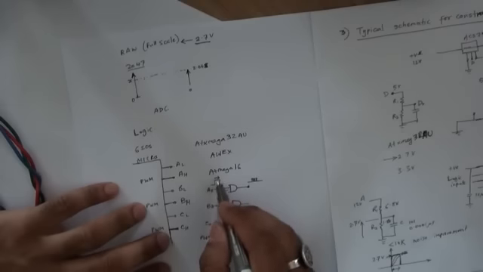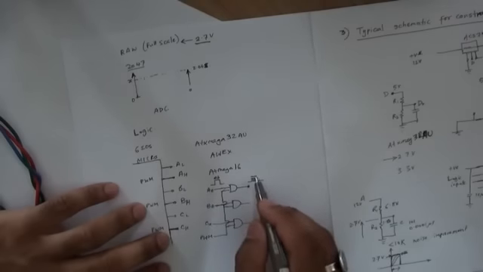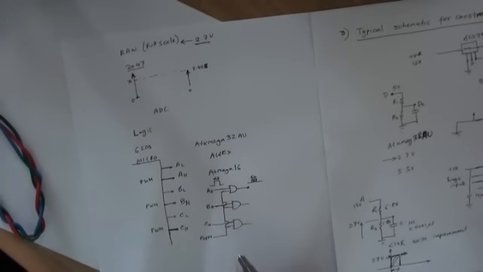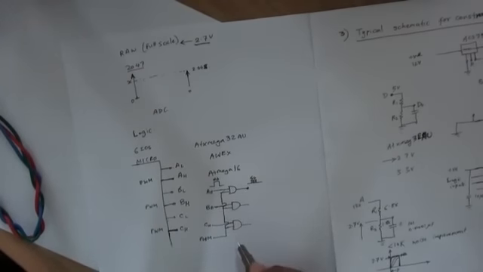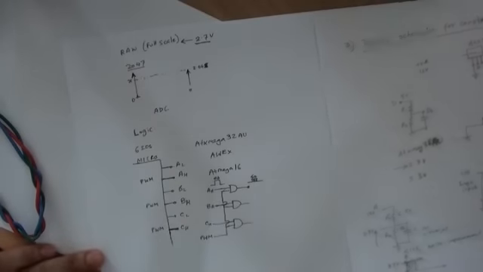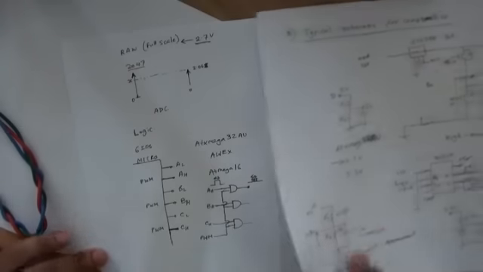So the width over here will be the same width over here. So you can use this sort of topology using AND gates as well. So that's pretty much it in terms of the schematic design.